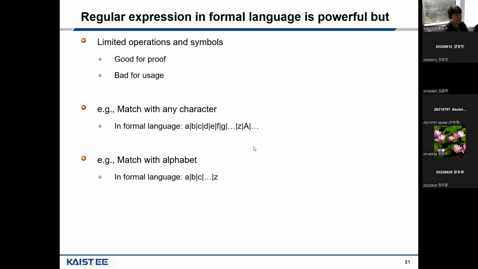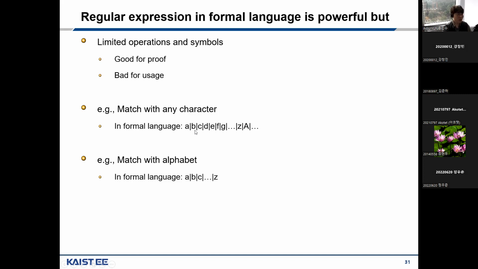So what we have talked about is the regular expression in formal language. It is powerful, but it only has limited operations and symbols. This is good for proofs, but bad for real usage. There are some examples that show the inconvenience of regular expressions in formal language. If you want to match any character, you can do that, but it is very tedious.